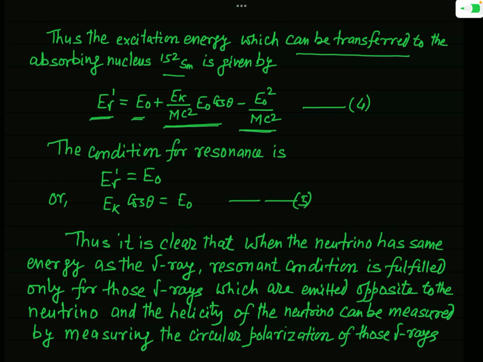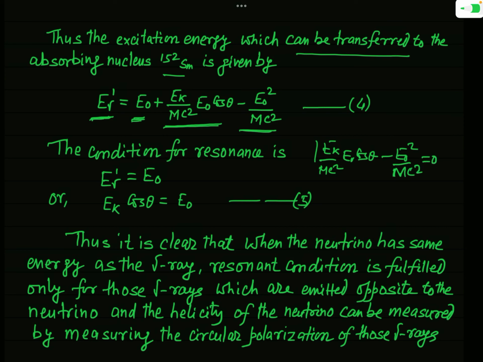Now, what will be the condition for resonance? In fact, for resonance, this E gamma prime must be equal to E naught. Now you can see when E gamma prime is equal to E naught, then Ek by mc square into E naught cos theta minus E naught square by mc square, what will this be?